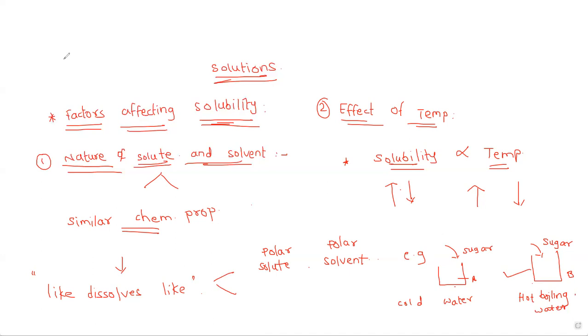We will move further. We have the third factor, which is effect of pressure. Just now we discussed effect of temperature. Now we will discuss effect of pressure. Again, I can state a very important statement: solubility of any substance or solution is directly proportional to pressure.